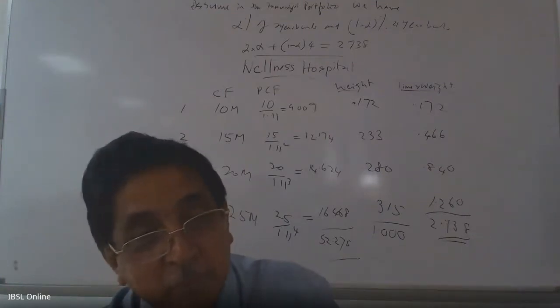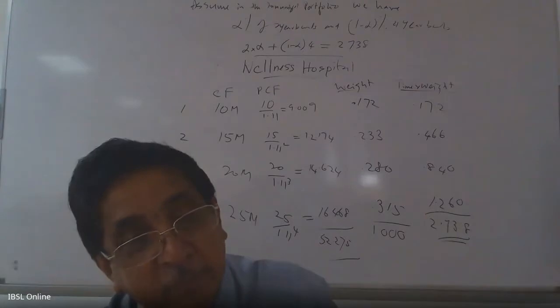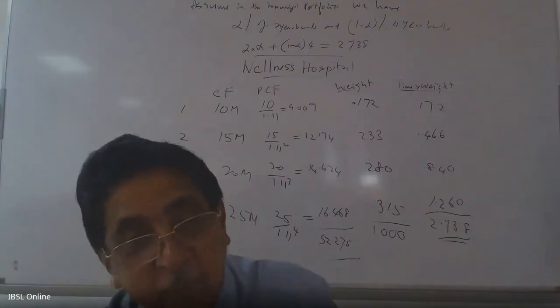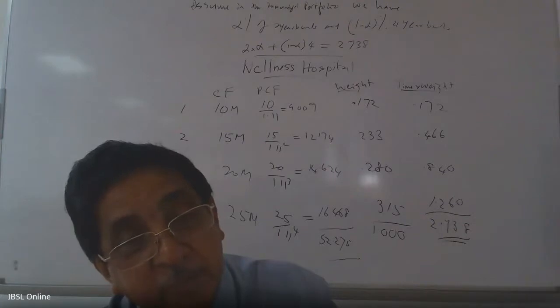Now, in order to get alpha calculated, you can solve this equation. After solving the equation, you need to get the value for alpha. That alpha value would be the percentage of 2-year bonds. When you find alpha, then we can get the 4-year bonds percentage also.